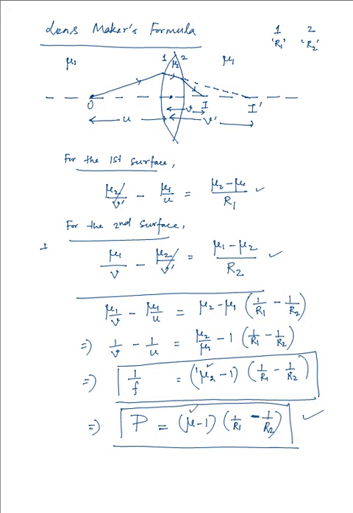So this is fixed for a given material of transparent medium that is being used as the lens. And the other two things that the lens maker must be concerned about is the shaping of the lens, so that the radii of curvature of both those sides of the lens are adjusted such that you get a desired power as per your requirement, maybe for your spectacles or maybe for a magnifying glass or anything like that.